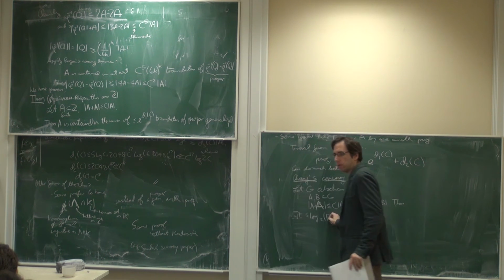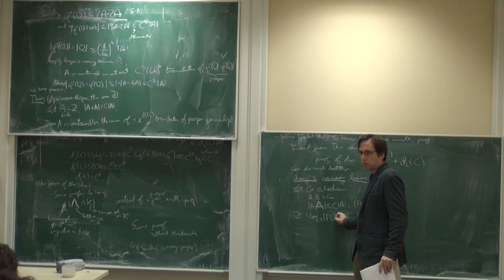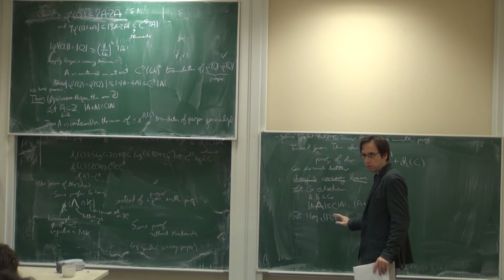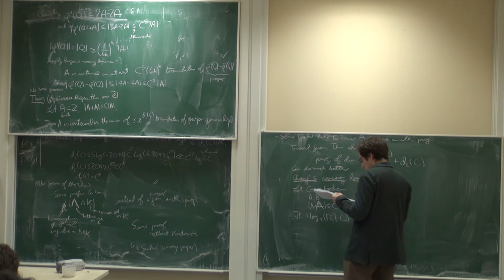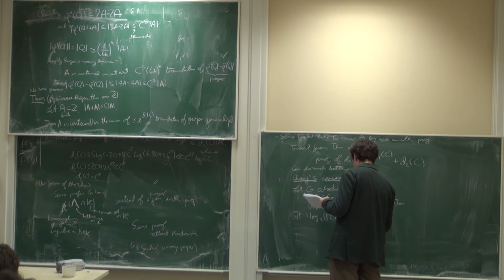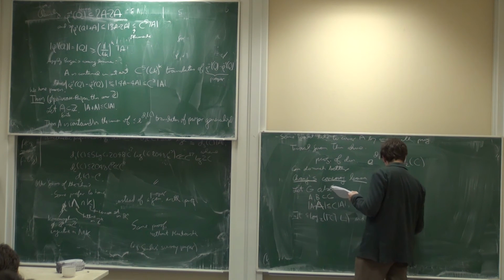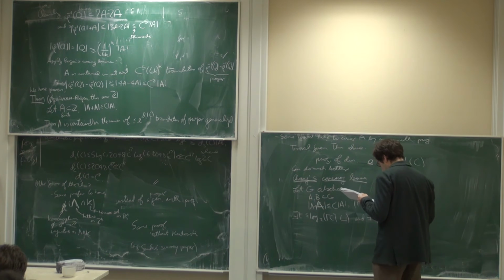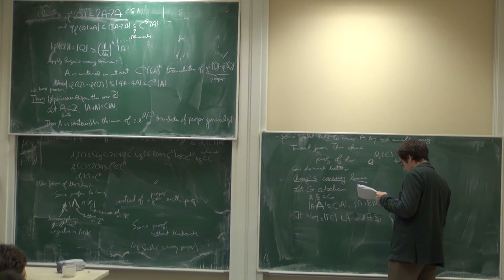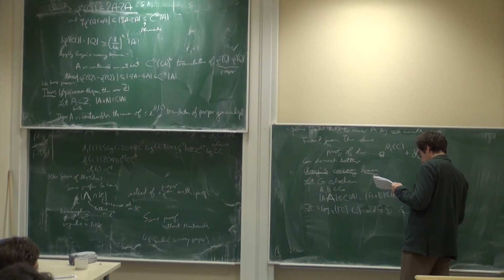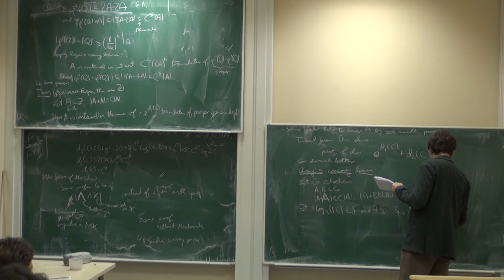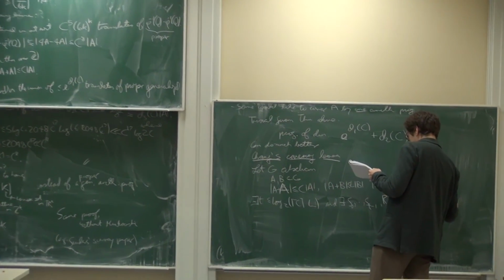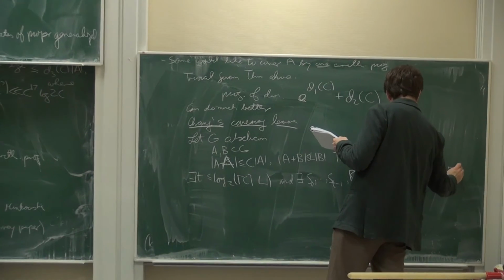So this just means the smallest integer larger than or equal to that. And sets S_0 through S_t, sets of A, all of them of size at most 2C.